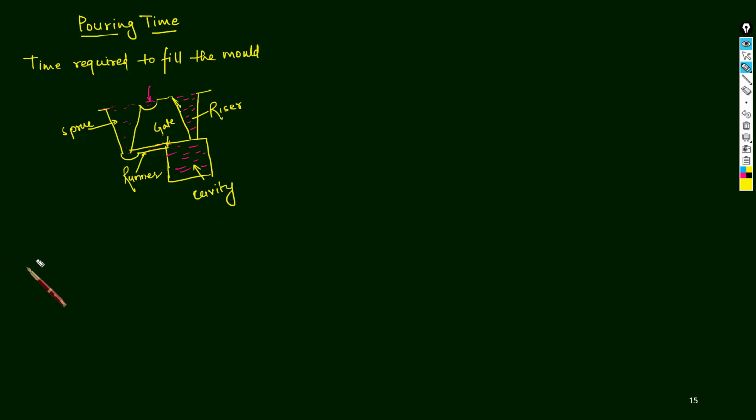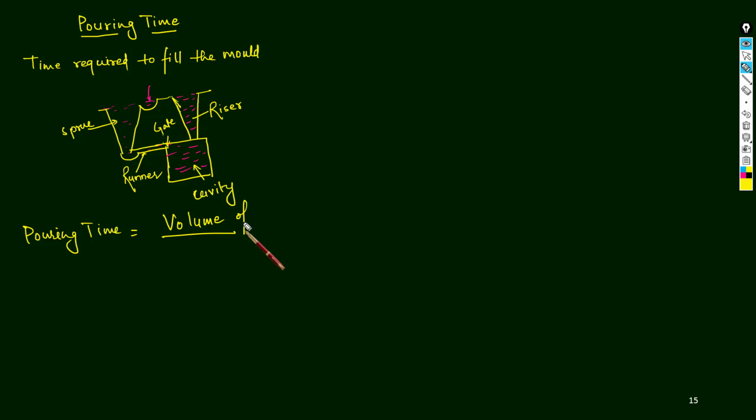Okay, so can you tell me how can you calculate the pouring time? How will you define pouring time? To fill this cavity, what should be the formula? Okay, what formula we will use? See, this is the volume, we have to fill this volume.